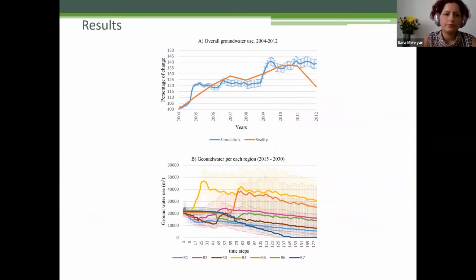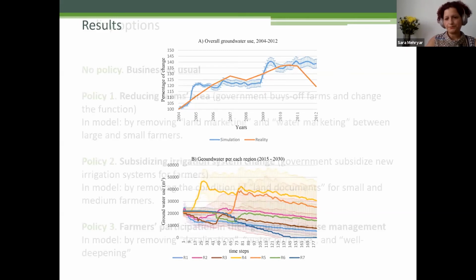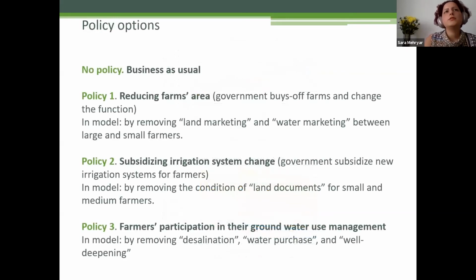And probably more qualitative validation is also required for a robust validation of this model. But our results show that our simulation model explains around 81% of the variation in historical data. We also use this model to compare the impact of different policy options.